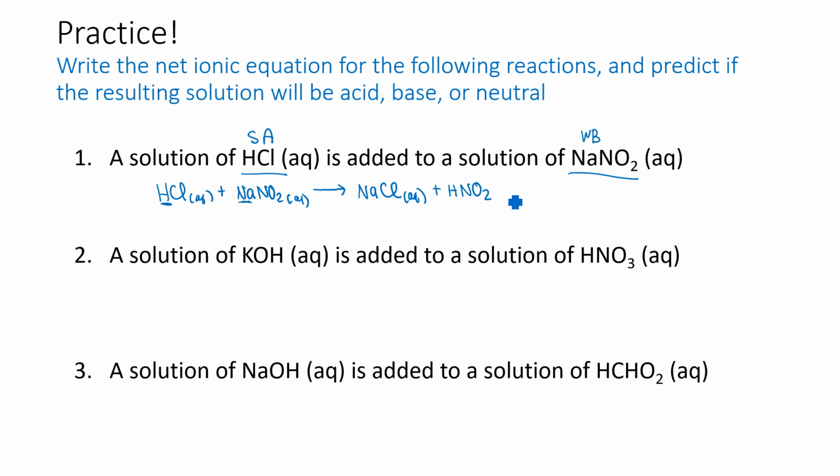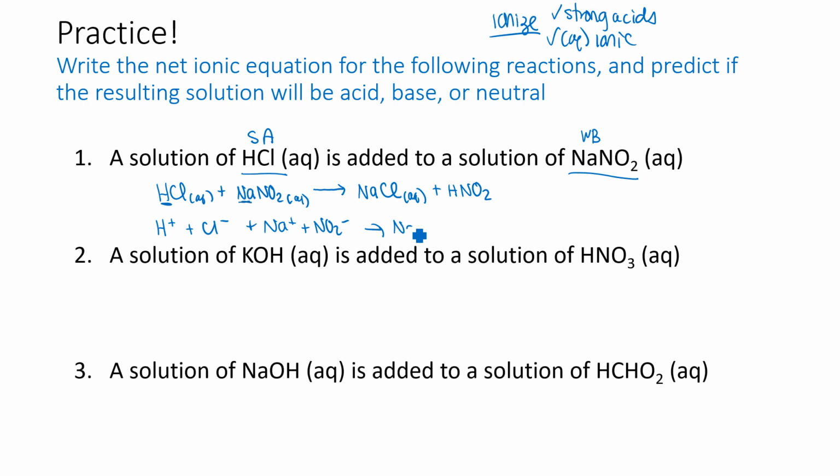Okay, and then let's go through and ionize things. Remember, we ionize two categories of things: strong acids and aqueous ionic compounds. So HCl is a strong acid, so I'm going to split it apart into ions. NaNO2 is aqueous, a soluble ionic compound.